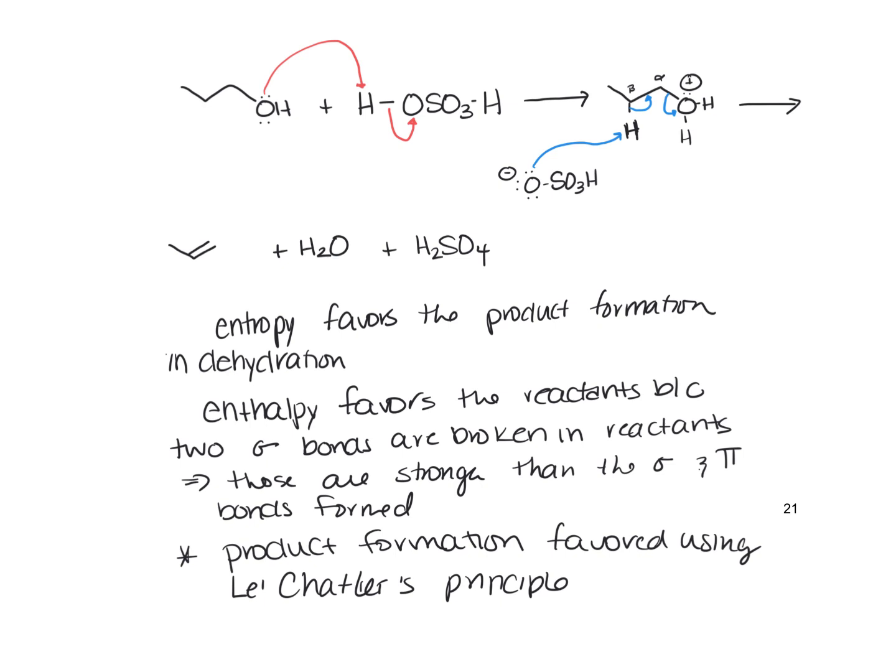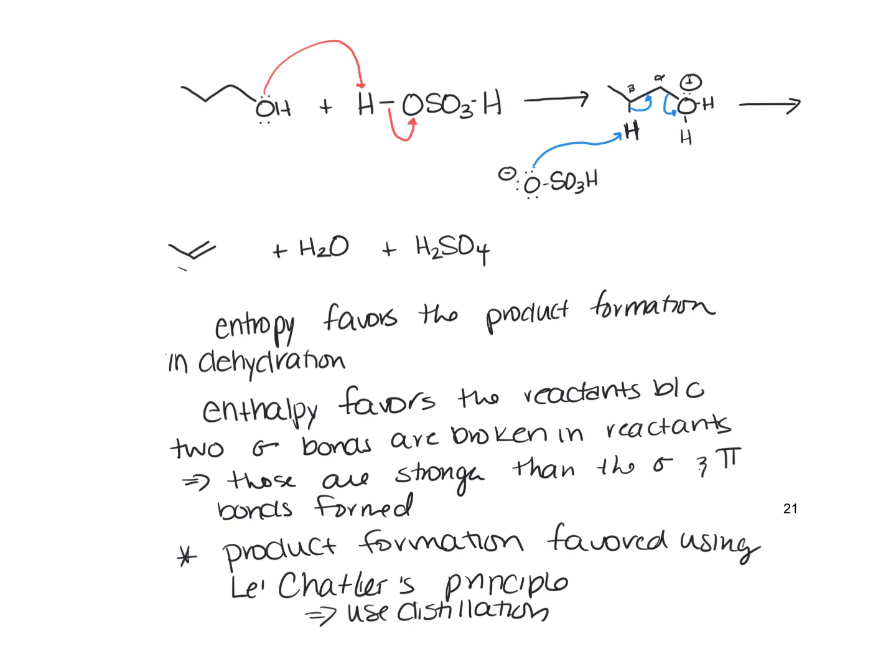So we can use distillation to remove the alkene, right? Which usually has a lower boiling point than the starting alcohol. And so it's removed by distillation, and so it drives the reaction this way. And that's how we can get over the enthalpy issue that we have here. So it's a really kind of smart way to do this.